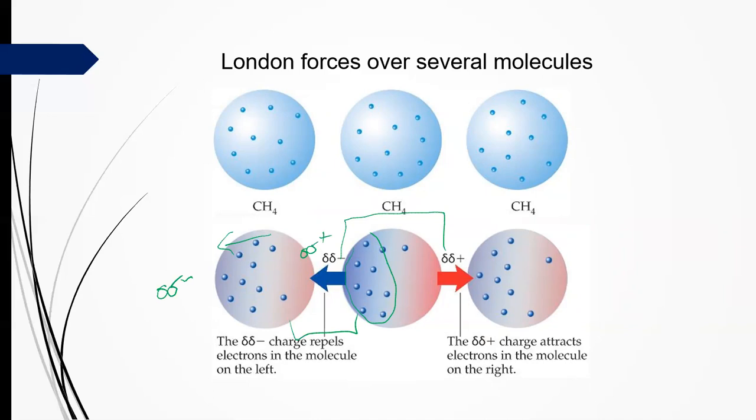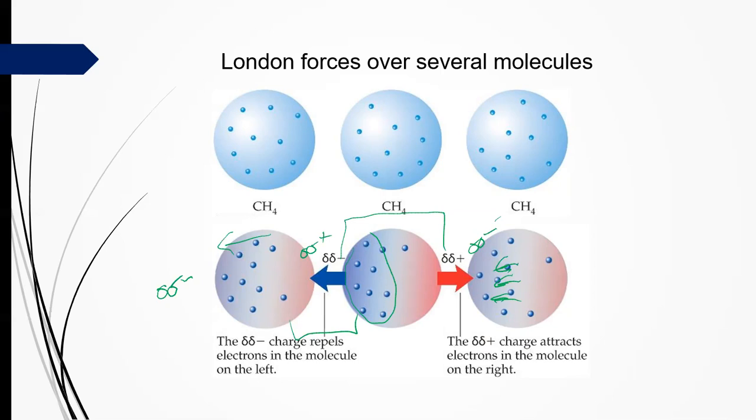This part became positive, so it's going to attract over electrons. Those electrons are going to make this one partially negative. And so we're going to build some attraction between those three molecules. Now, that's temporary because those electrons can still move around.